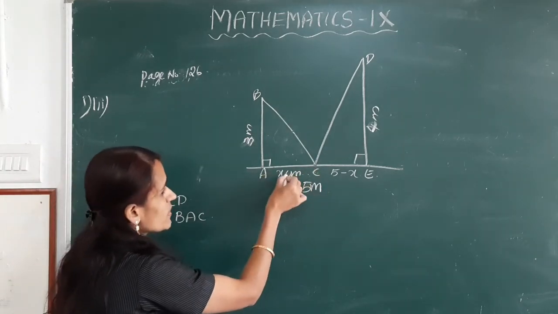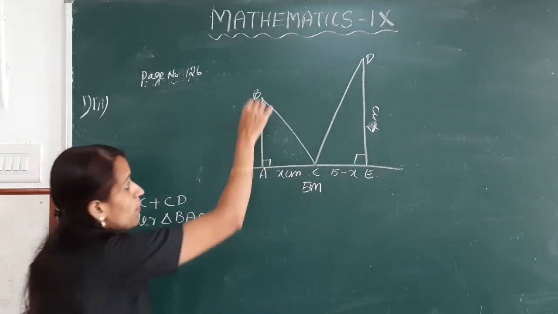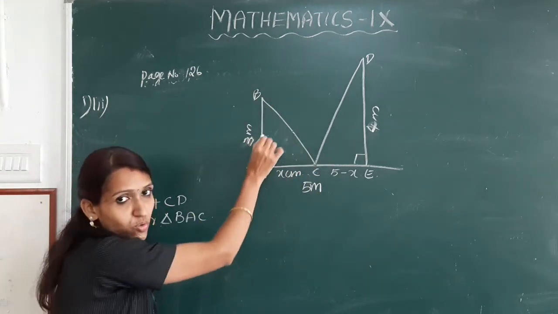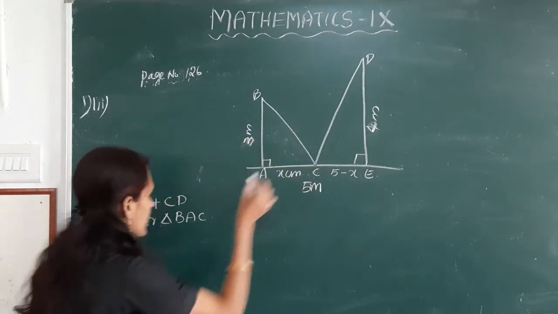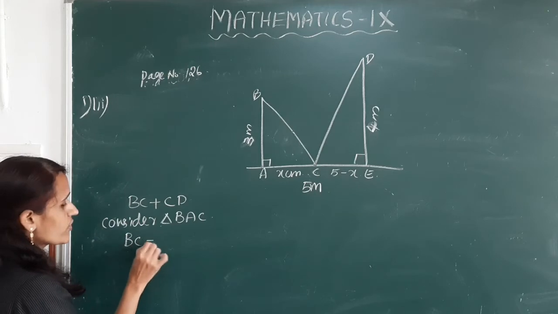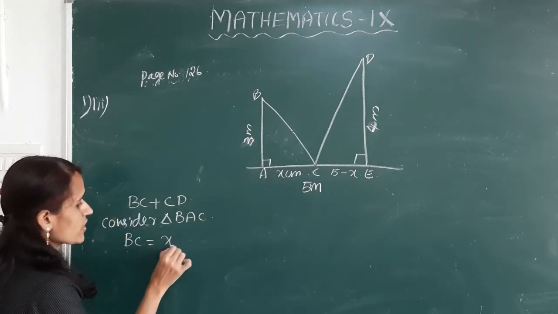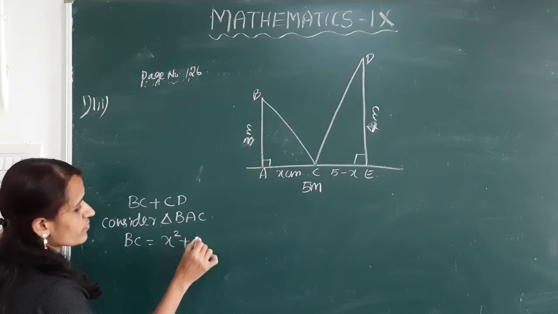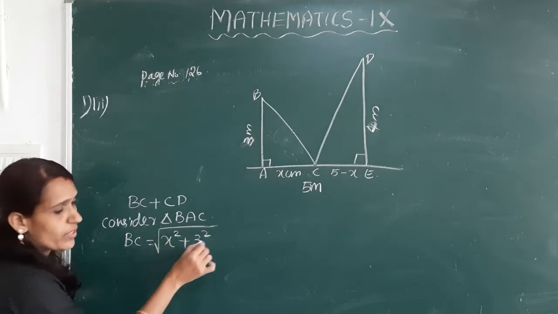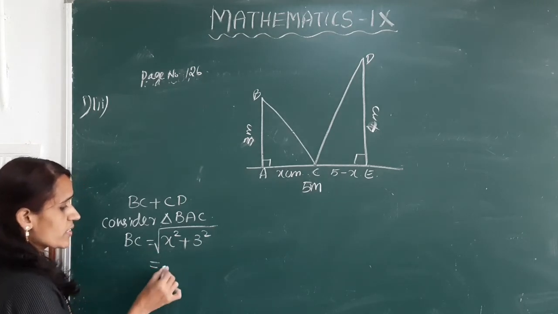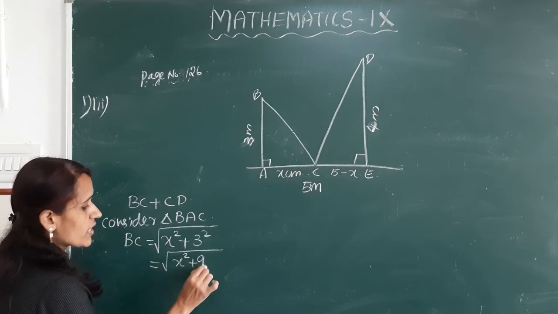AC is x meters, AB is 3 meters. BC is the hypotenuse of this right triangle. So we have to find BC. BC is equal to, using the Pythagoras theorem, root of base square plus altitude square. This is equal to root of x square plus 9.